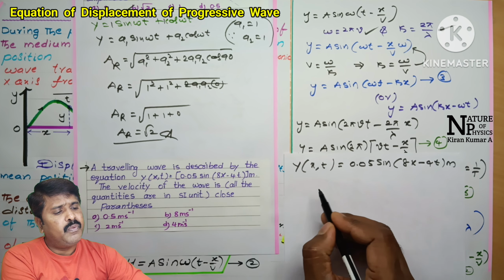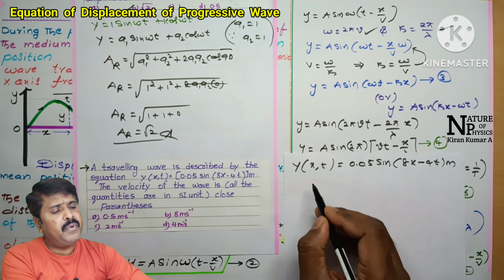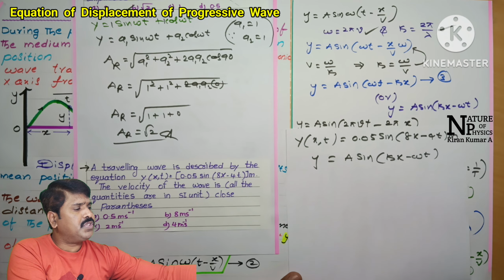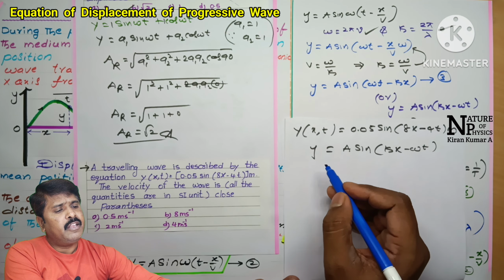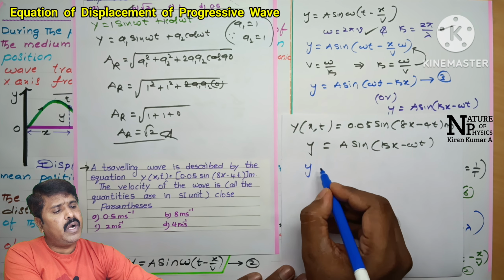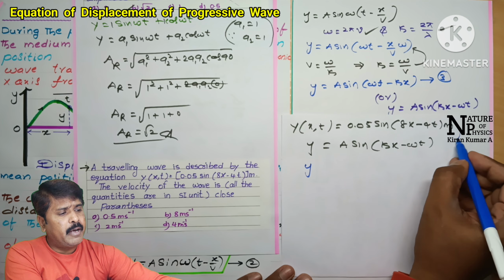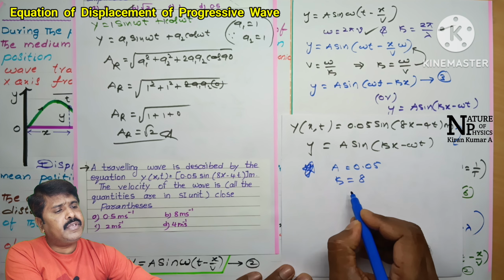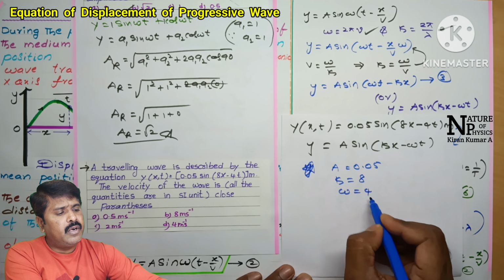For the velocity of the wave, the basic equation is y equal to a sine, tell me student, kx minus omega t. Compare both equations. Comparing both equations, by comparison, the amplitude is 0.05, k is equal to 8 and omega is equal to 4.